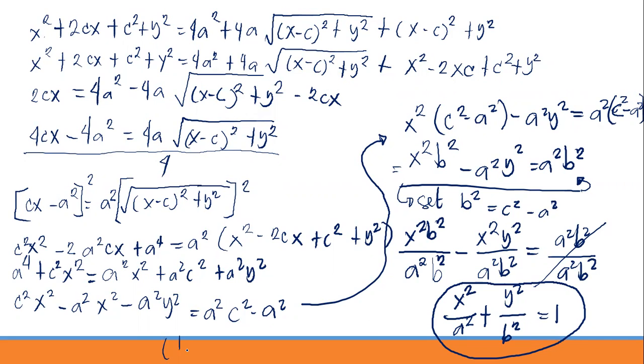With vertices plus minus a, 0 and co-vertices. So, yung co-vertices niya, 0 plus minus b. Okay? Right. So, it defines a hyperbola centered at the origin with vertices plus minus a, 0, co-vertices 0 plus minus b. Alright?